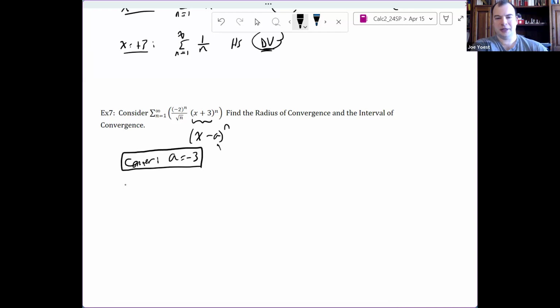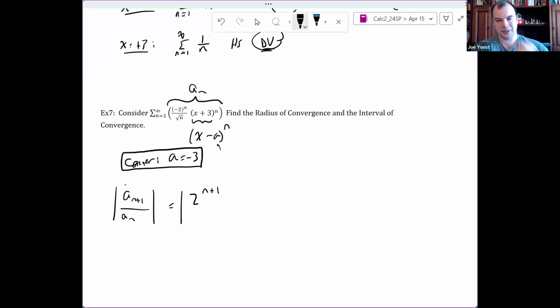And as before, I start by setting up my ratio test. Here's my a_n. I know everything's going on inside absolute values, so I'm just going to knock off that negative sign.